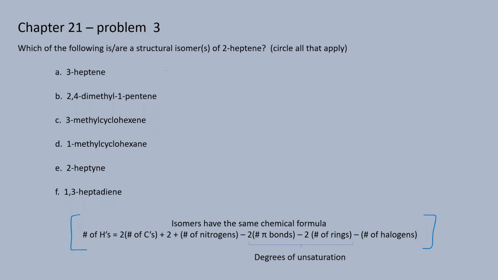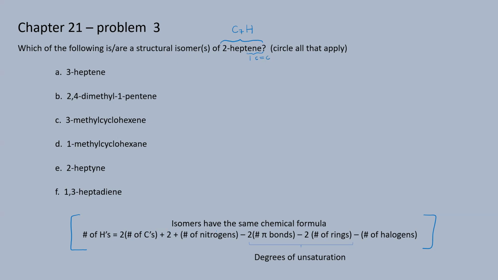So I'm going to start off with the 2-heptene. We know from the term hept that there's 7 carbons, and ene tells us there's 1 double bond. If we plug that into our formula, 2 times the number of carbons is 14, plus 2 is 16.